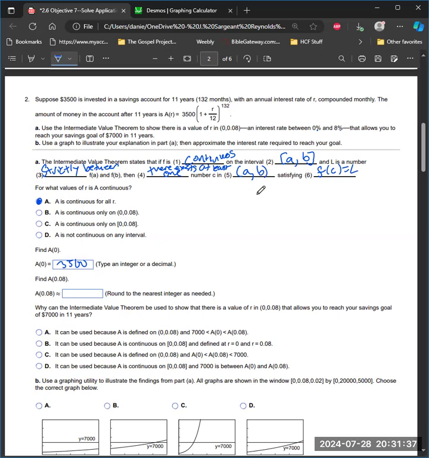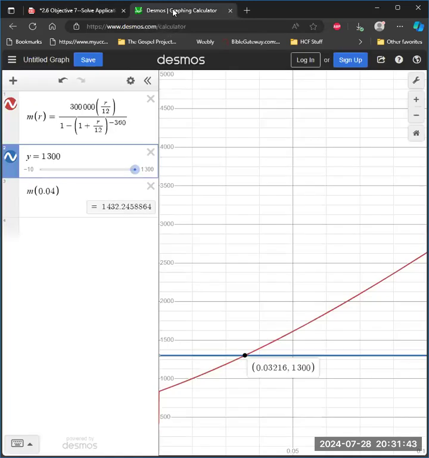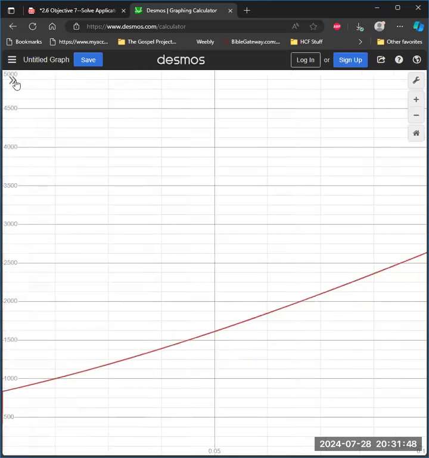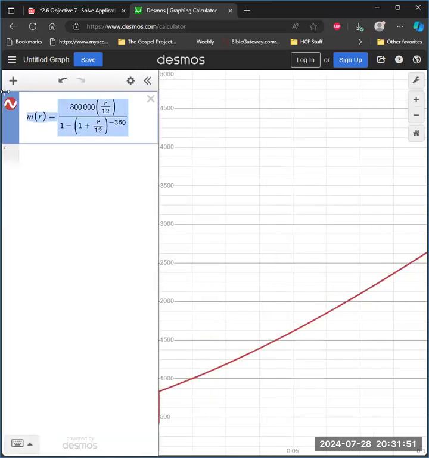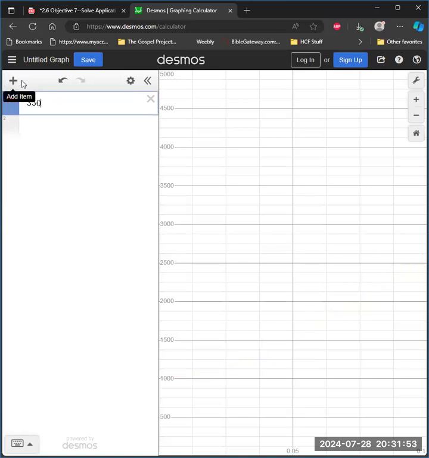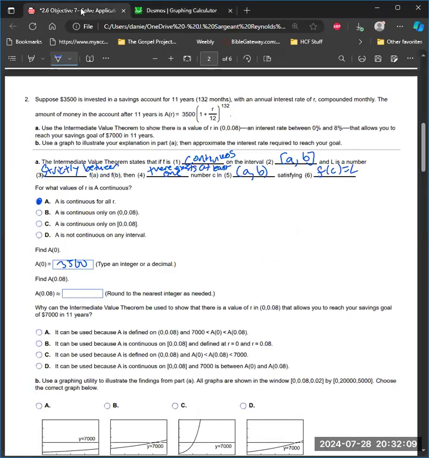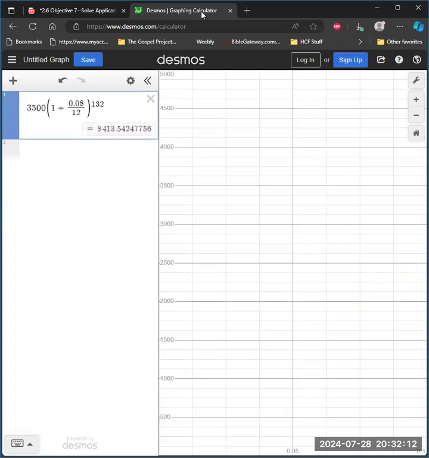And at 8%, 3,500 times 1 plus 8% divided by 12 raised to the 132nd power is 8,413.54.